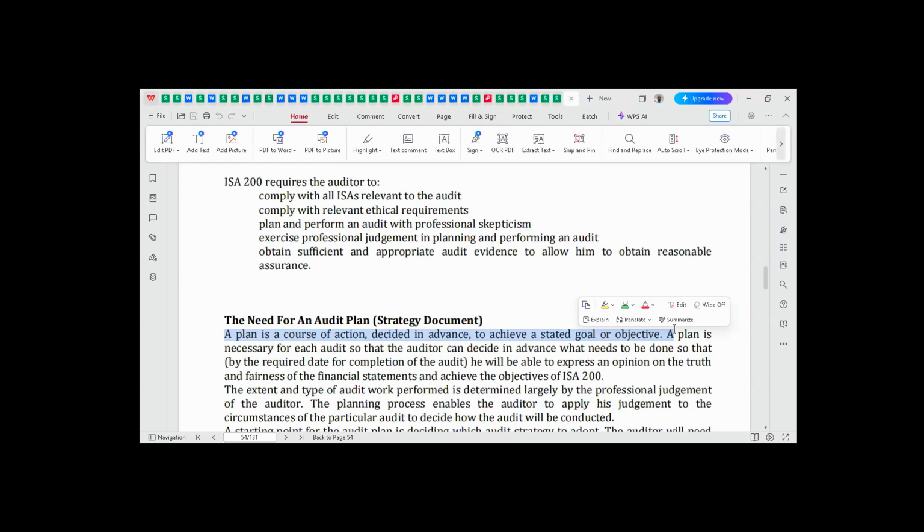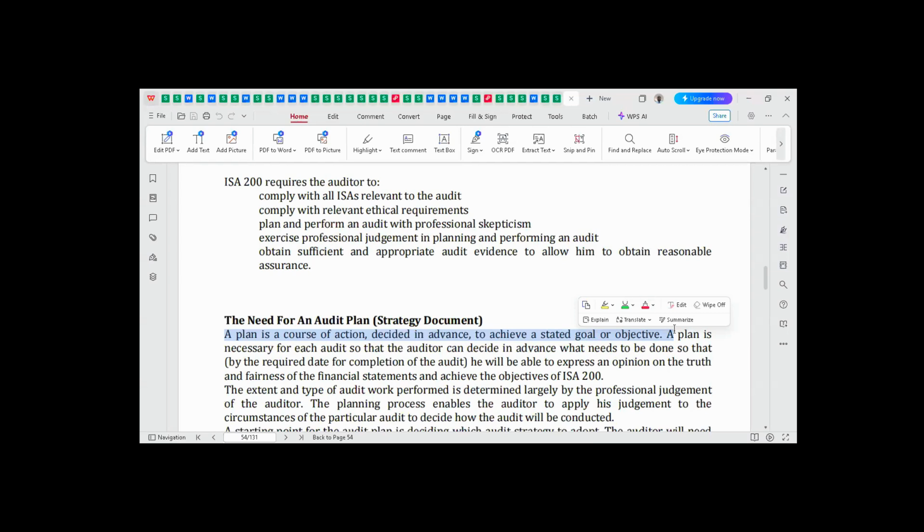All right. Now, what you also need to realize here is that as an auditor, your audit plan is embedded in your audit strategy. I take it again. Your audit plan is already inside your audit strategy. I believe that we have talked about audit strategy, in chapter 6, audit approach.